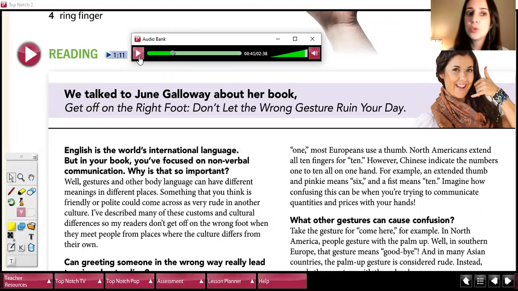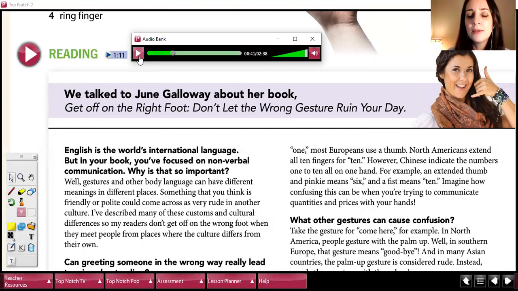So we talk to someone about something, about her book. Good. Get off on the right foot. So, get off is to start your day. Get off on the right foot, with your right foot. Okay? Don't let the wrong gesture ruin your day.